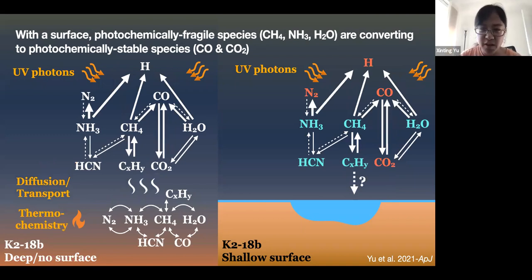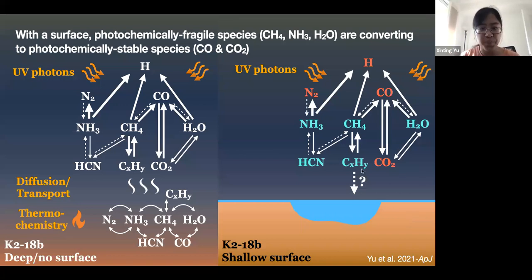But basically, all the photochemically fragile species like methane, ammonia, and water are constantly being depleted in the shallow surface case. They're constantly converting to the photochemically more stable species, such as CO, CO2, and nitrogen.